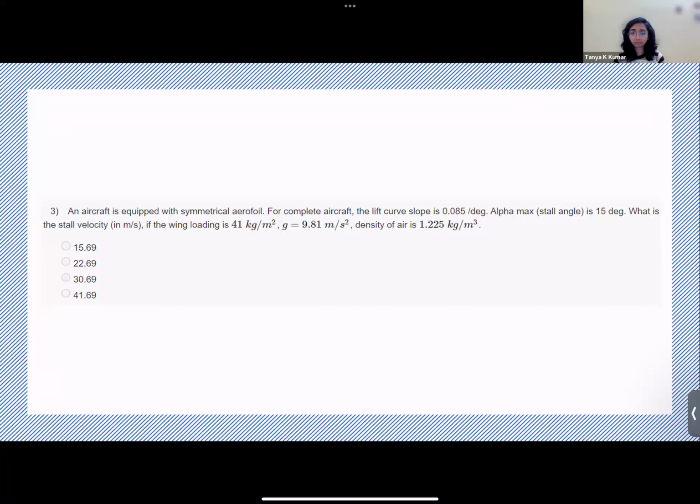How do we do this? They've asked you to find out stall velocity. Again, put up the formula that we've used, that is under root 2W by S rho CL max. Now, wing loading is given in the question. Yes, this is the wing loading. Density is given. What we need is CL max.